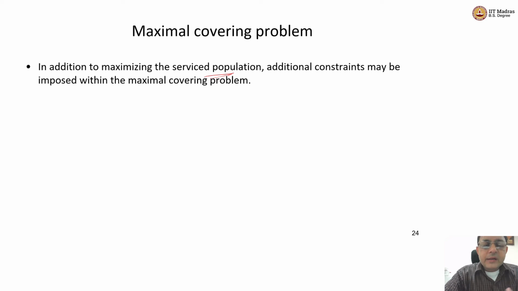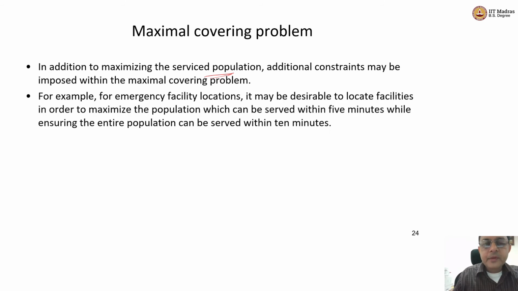Additionally, I may have some other constraints. For example, if I'm locating a facility like fire station, I want to have time constraints. I want to locate a facility in such a way that I'm able to reach maximum number of people within half an hour, or maximum number of people within 45 minutes. So not only do I have to say that my objective is to reach as much population as I can reach, I should be able to say that I want to reach them within some specified time, right?